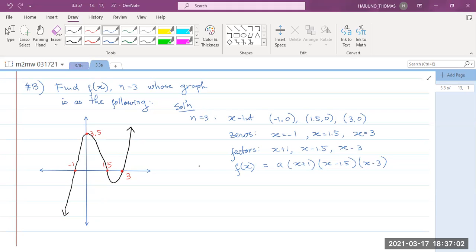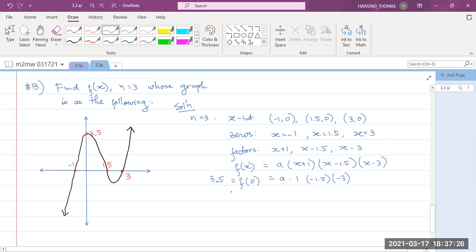Now the y-intercept is (0, 3.5). So f(0) is 3.5, which is a times 1 times -1.5 times -3. Right? So 3.5 is equal to 4.5a.